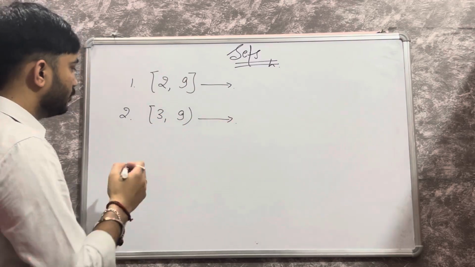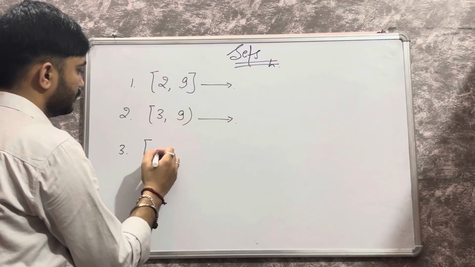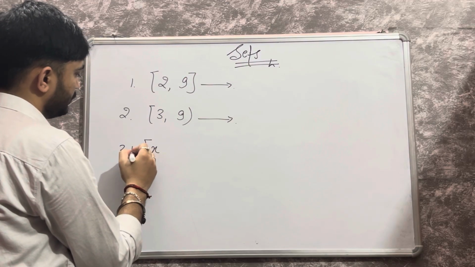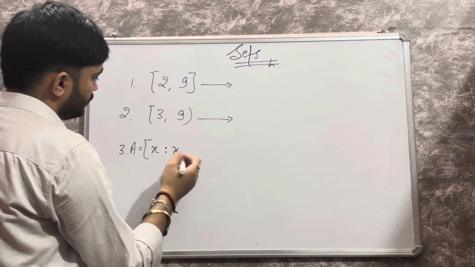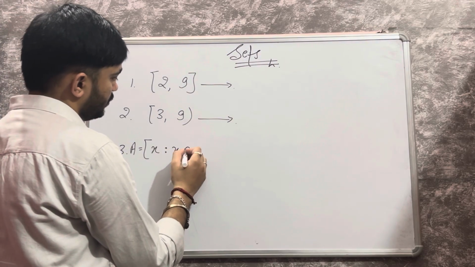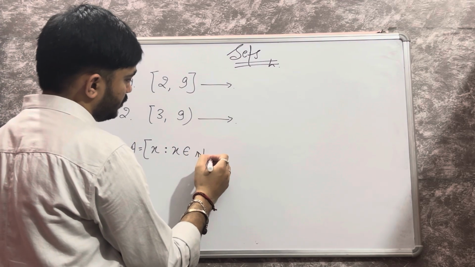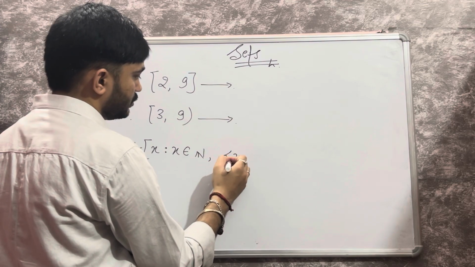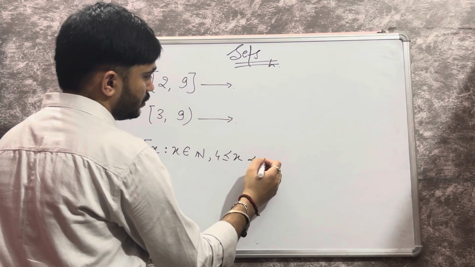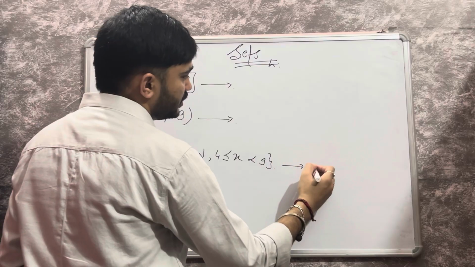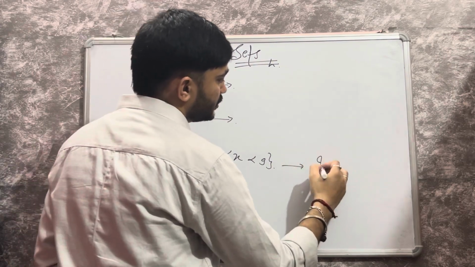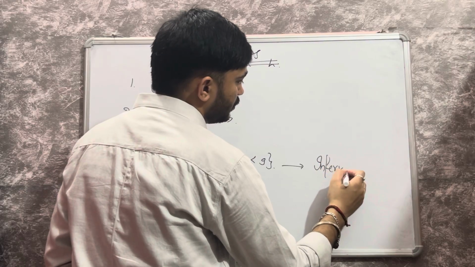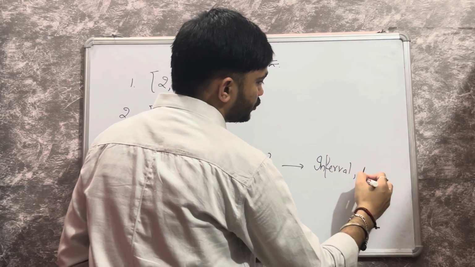This into set builder form and roster form. x belongs to N, x 4, 9. Convert this into interval as well as roster form.